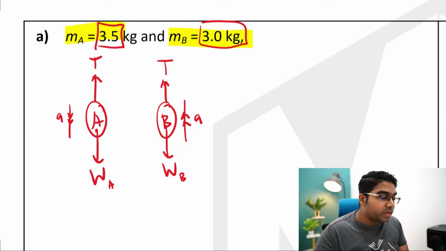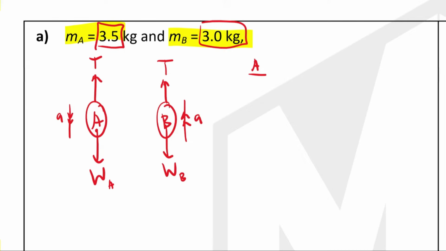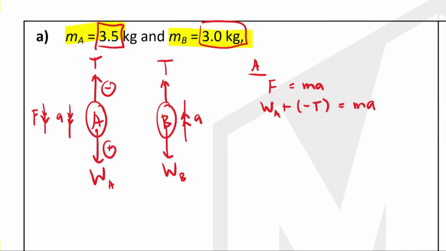From this, we can form two different equations. Let's look at A first. For object A, we have the acceleration downwards, which means the resultant force is downwards as well. And so we take downwards as the positive direction, upwards as the negative direction. And so the resultant force, which equals ma, is positive W plus negative T equals ma. Let's fill this in. We are talking about A, so WA and MA.